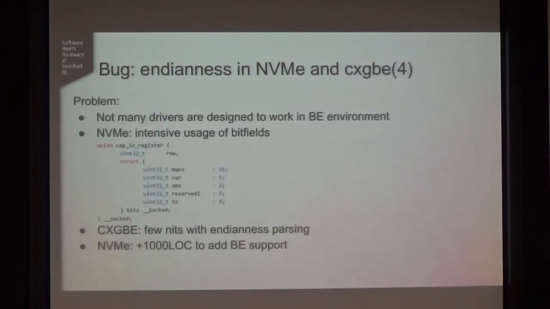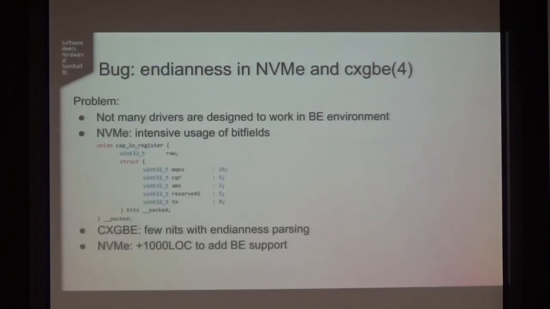All registers were abstracted using bit fields. The code was clean, visible, readable, and it looked just great. But there is a problem with bit fields. They are not portable. When we switched endianness to big endian, everything was messed up, and the NVMe didn't work.